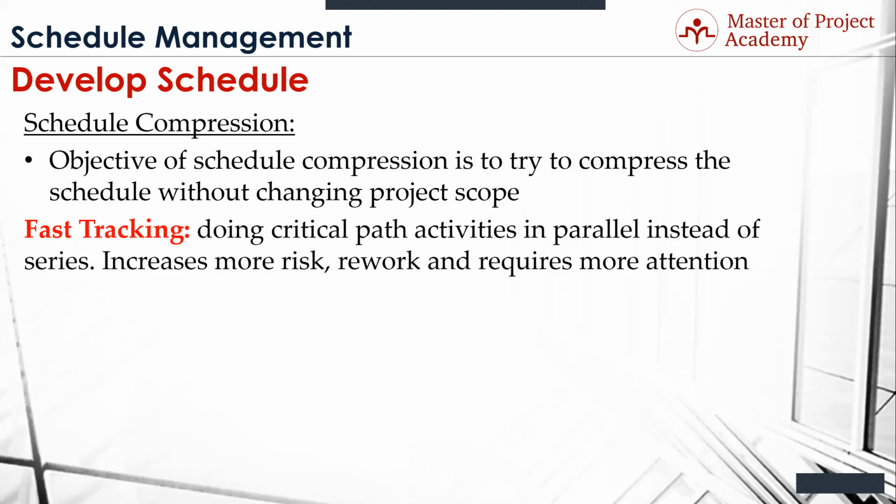Fast tracking is I'm going to do A and B and start them at the same time. And oh, by the way, let's start C early and D at the same time, and we'll start E, F, and G at the same time as D, and we'll just finish so much earlier. But you're now doing so many things at once. It's like, well, which aircraft do we bring into land? Well, let's bring all of them in at the same time and see who gets there first.